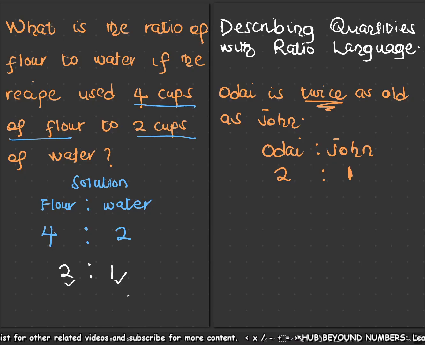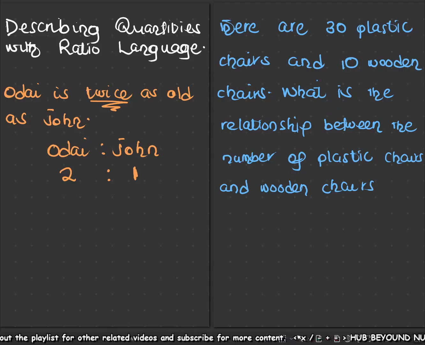2 is to 1. You see, that is 2 is to what? 1. So for this last one here, it says there are 30 plastic chairs and 10 wooden chairs. Now, what is the relationship between the number of plastic chairs and then wooden chairs? We want to apply the language of ratio here, right?